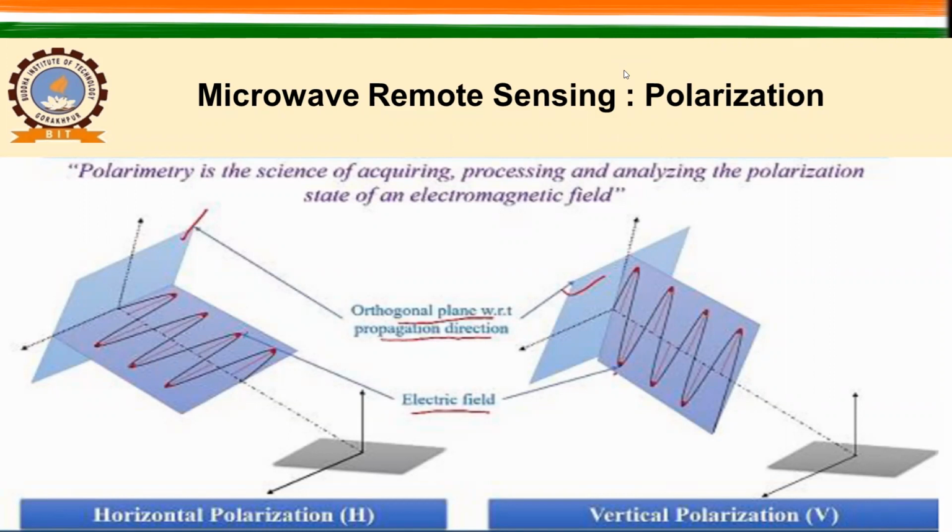The electric field is here and here, one horizontal, another vertical. In polarimetry, we acquire, process and analyze the polarization state of an electromagnetic field. This is what we use in microwave remote sensing when we talk about polarization.